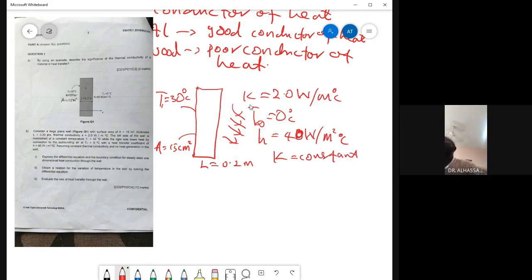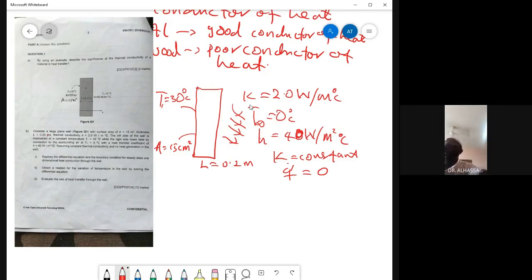No heat generation, so Q dot equals 0. Express the differential equation and then the boundary conditions of the steady state one-dimensional heat conduction through the wall.